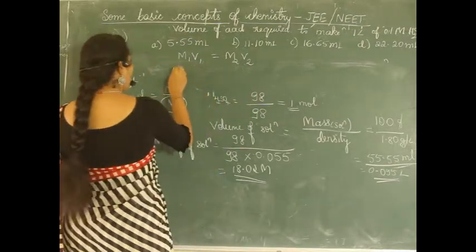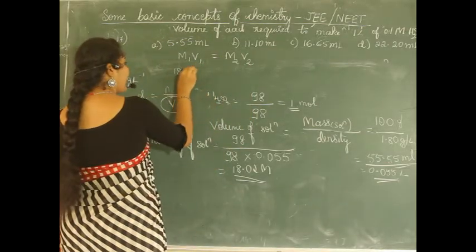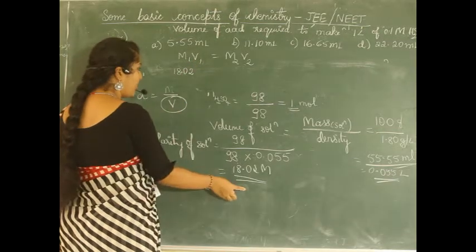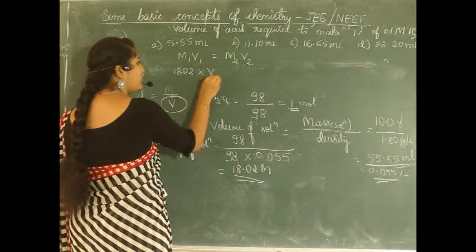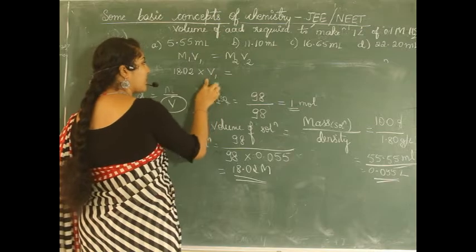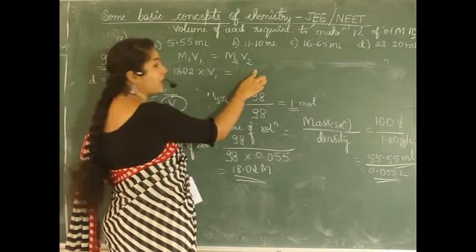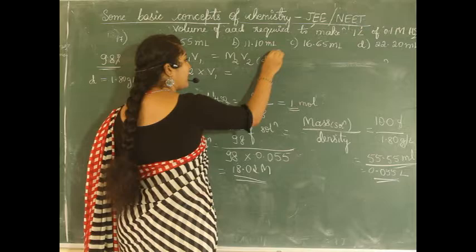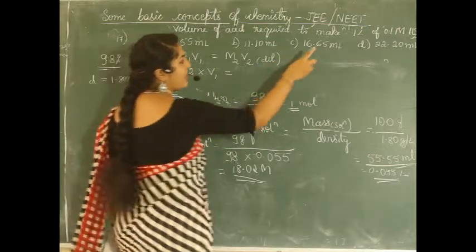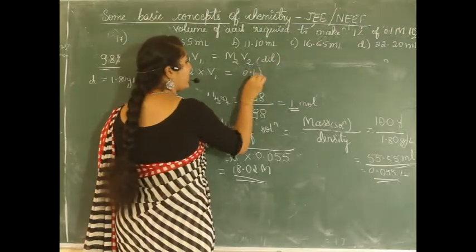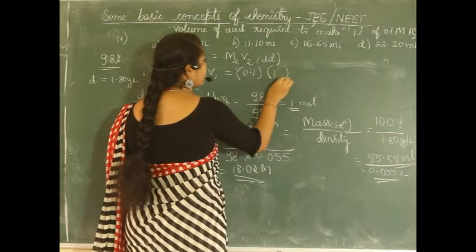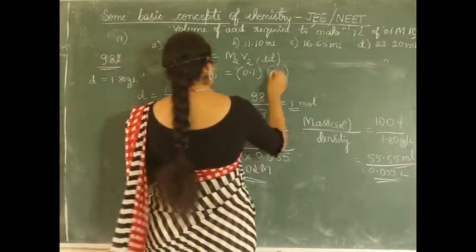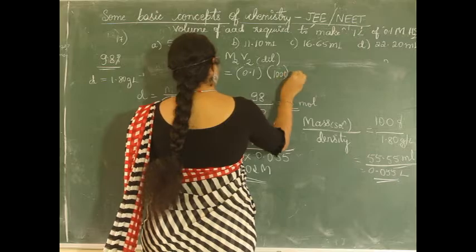For the concentrated one, we have calculated the molarity, but we do not know how much volume is required to make the new solution. The new solution is the dilute one, which is 0.1 molar and of volume 1 liter. 1 liter means 1000 ml.